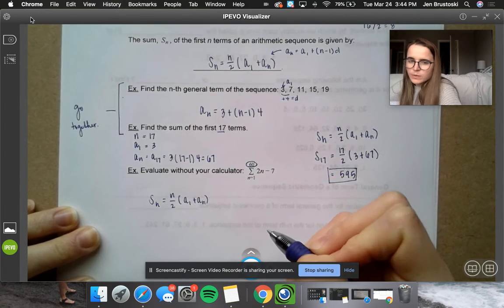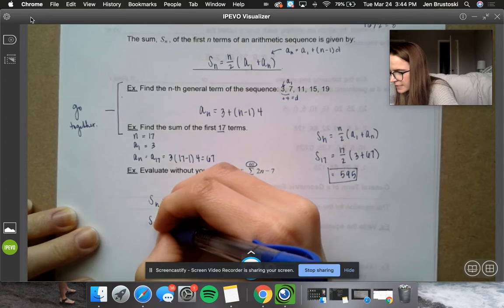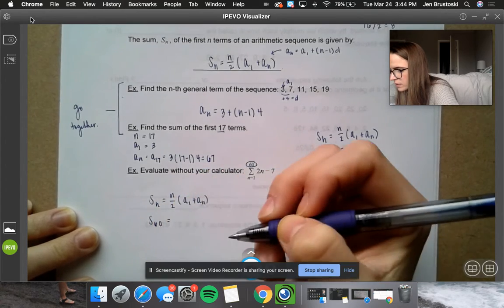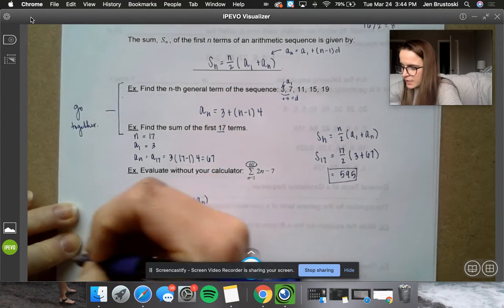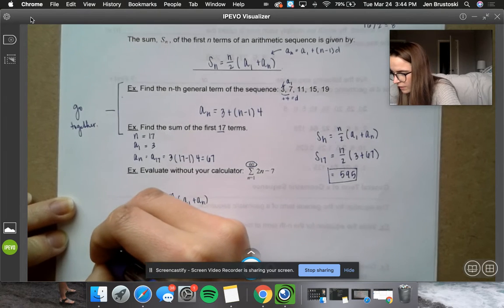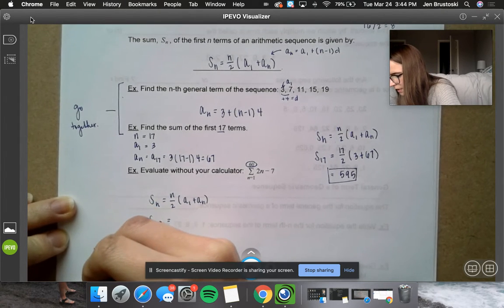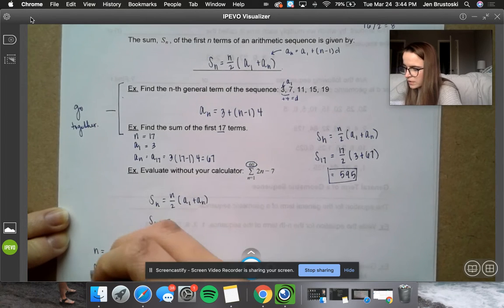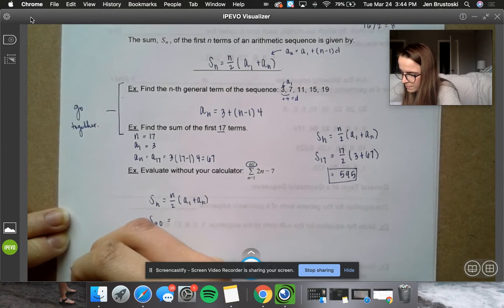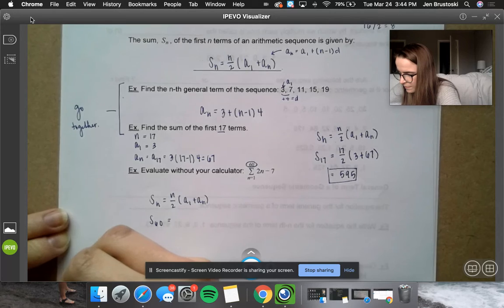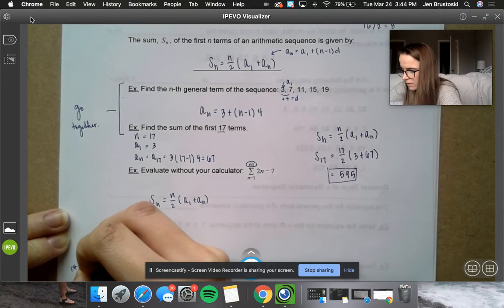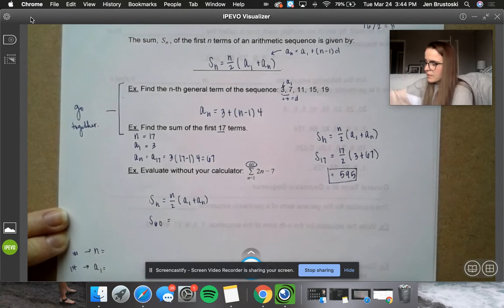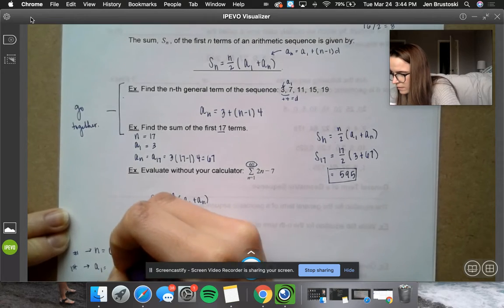That's how many terms we're going to have. So S of 60 equals... I did not need to write that just yet. So we're looking for n, a sub 1, and a sub n. So first term, last term, and this is our number of terms. So we have 60 terms.